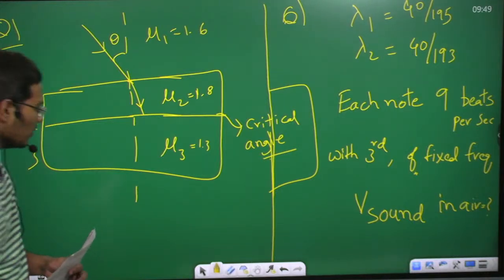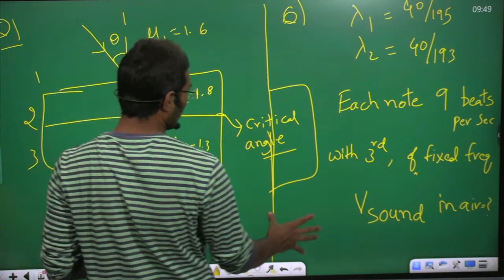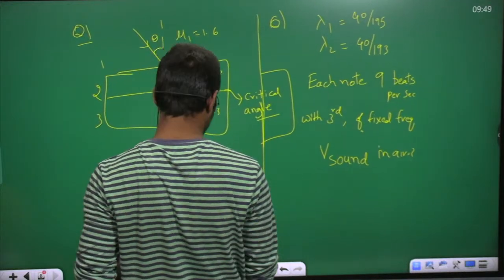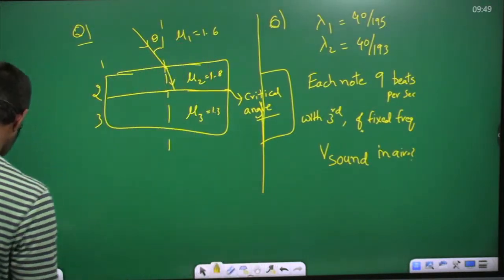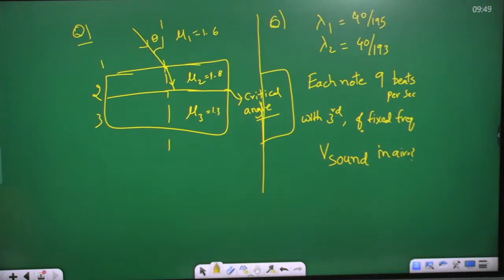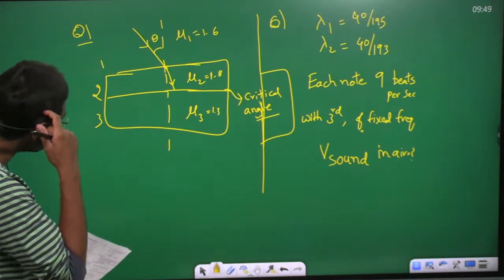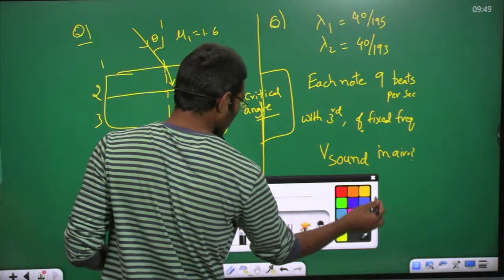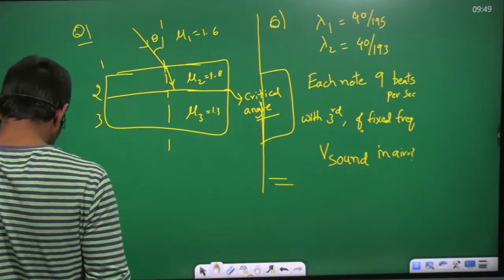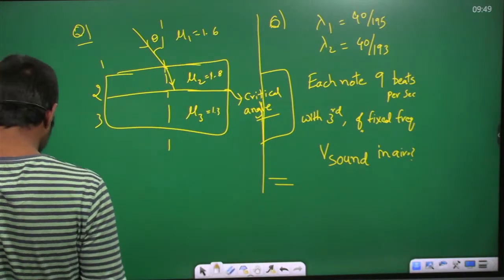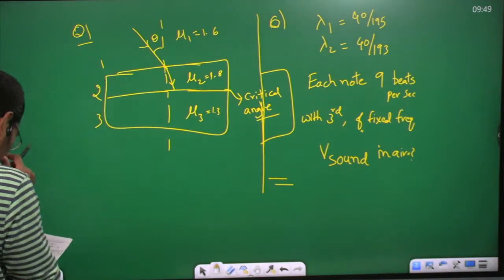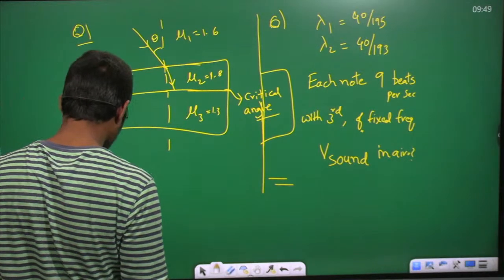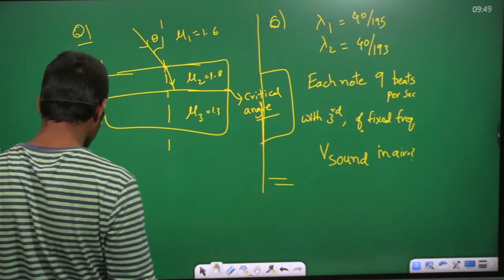See, we know we have a direct equation. So first let us try to solve the second one. We know that the number of beats produced per second is equal to the difference between the frequencies of the sound producing sources.